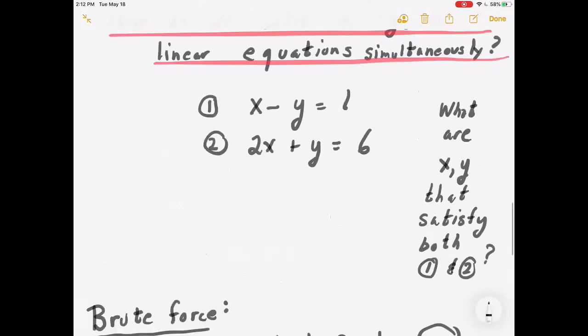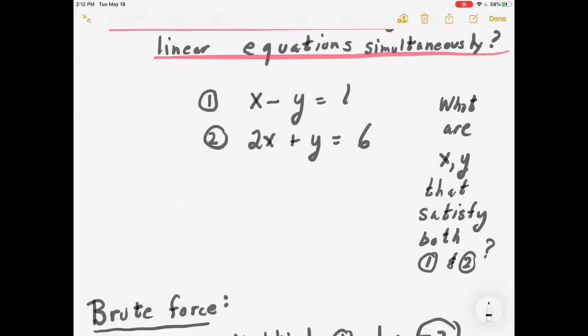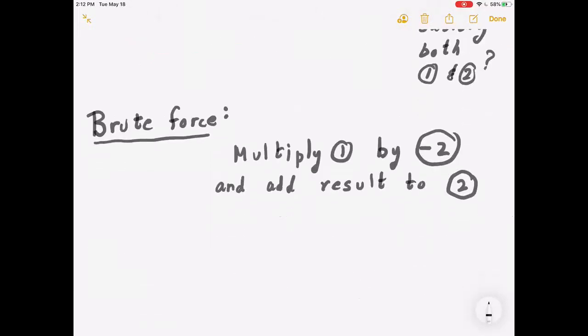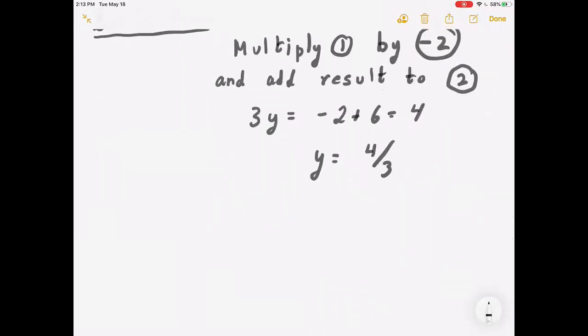So if you take 1 and multiply it by -2, then the first equation at least has a term that goes like minus 2x. If you add that new equation to equation 2, the terms containing x cancel out. So if you do this arithmetic, you'll get a new equation that says 3y equals minus 2 plus 6 equals 4, and you can solve that equation for y, and y is 4/3.